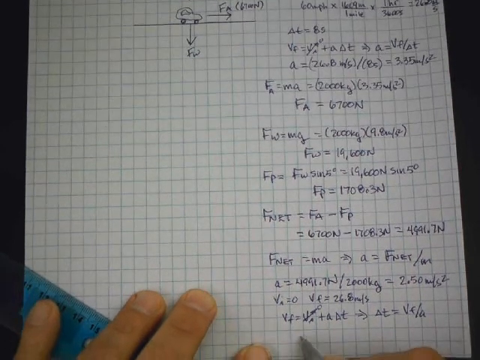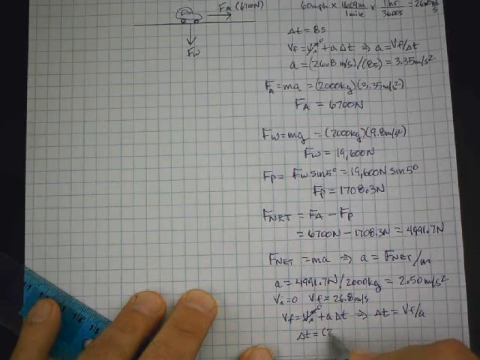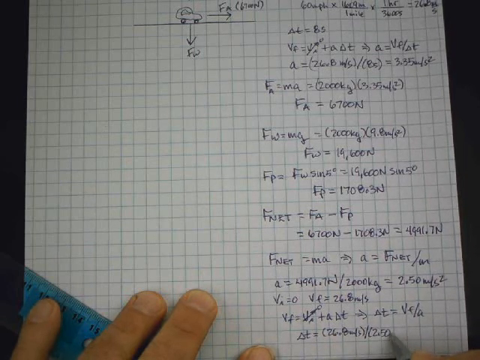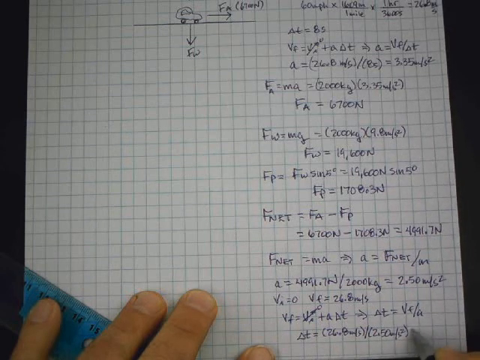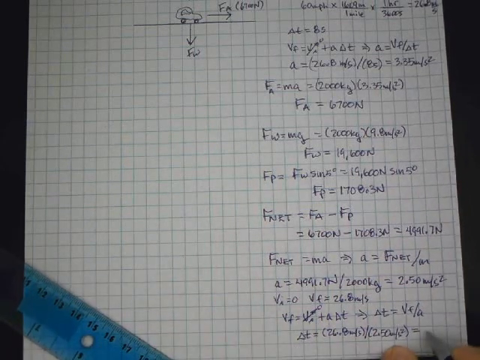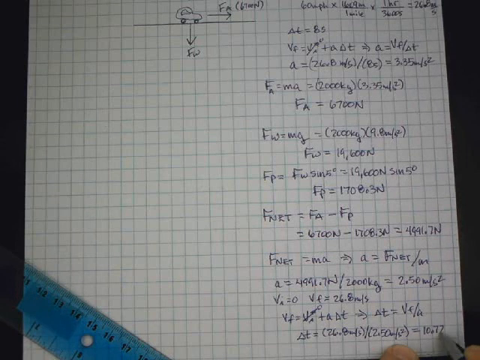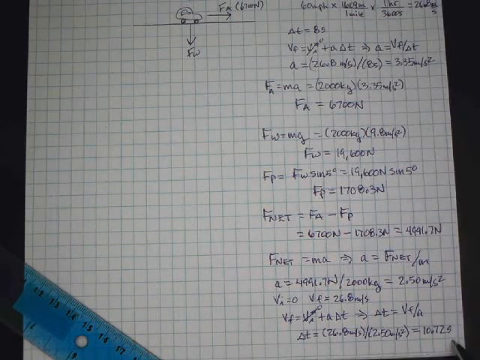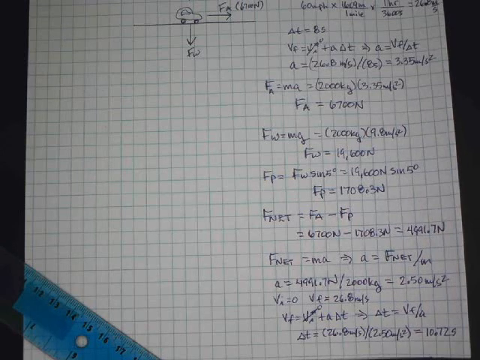And so our delta T will be the 26.8 divided by the 2.5, or just under 11 seconds. So what took 8 seconds on flat ground is now going to take 10.7 seconds going up that 5-degree hill.